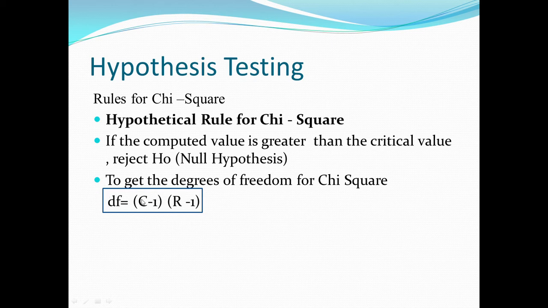Degrees of freedom is equal to C, meaning column, minus 1, multiply by R, ang ibig sabihin ng R ay rows, minus 1. Okay, this is the formula for chi-square when you are about to look for the degrees of freedom.